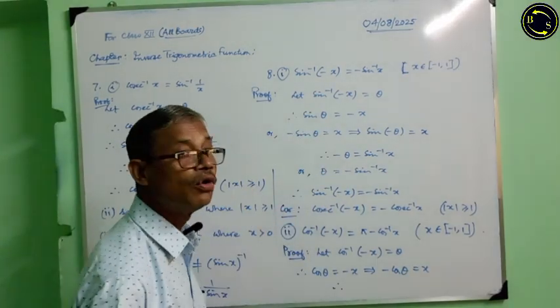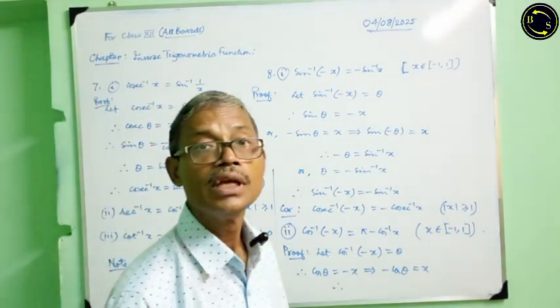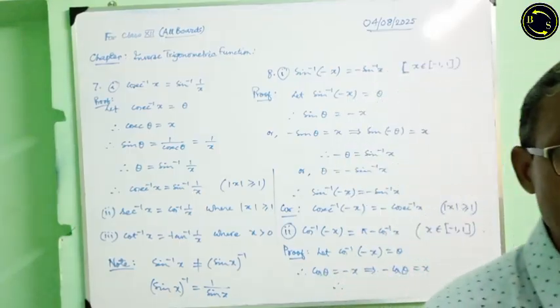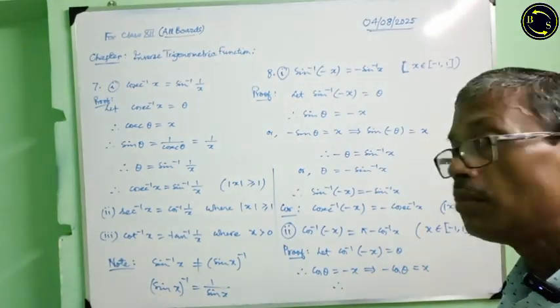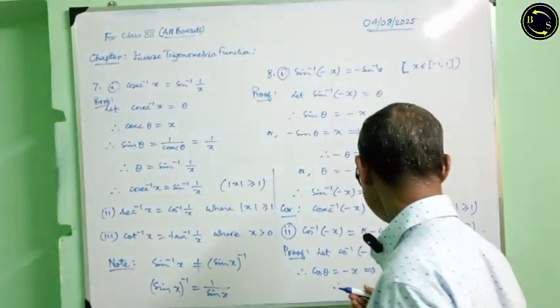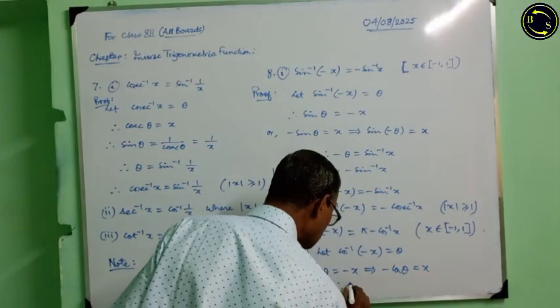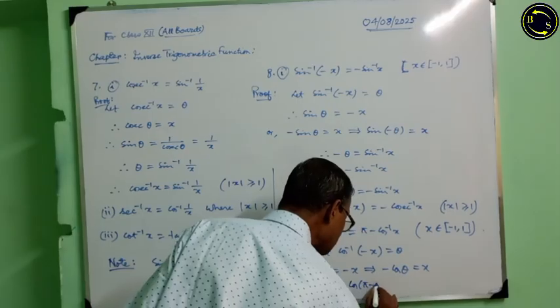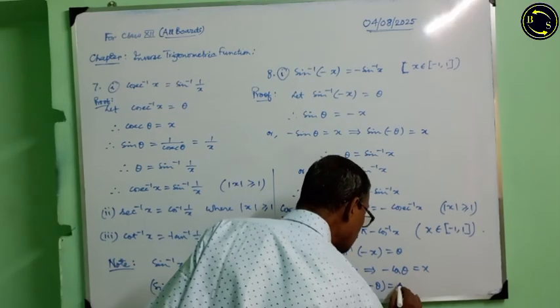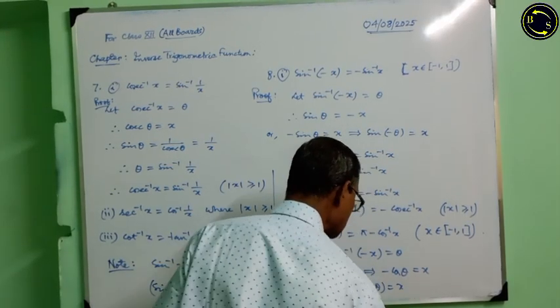And we know cosine is negative if we consider the principal value branch, then negative in second quadrant, cos of pi minus theta equal to x.